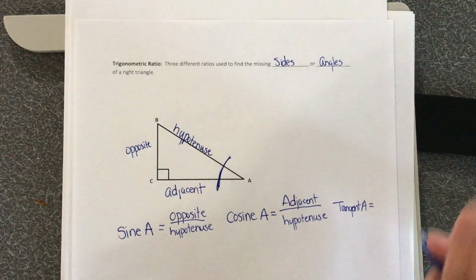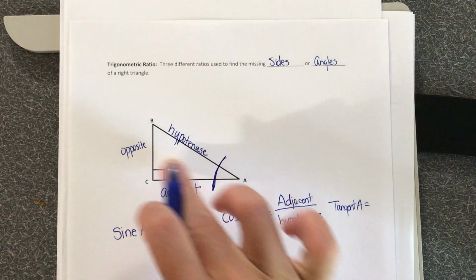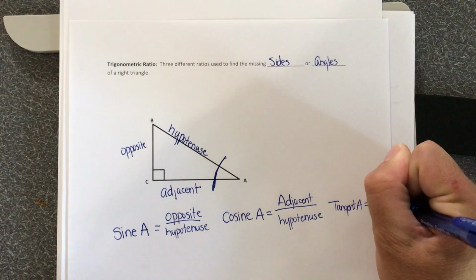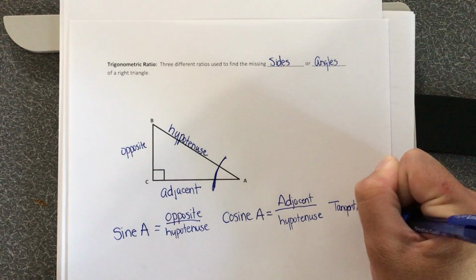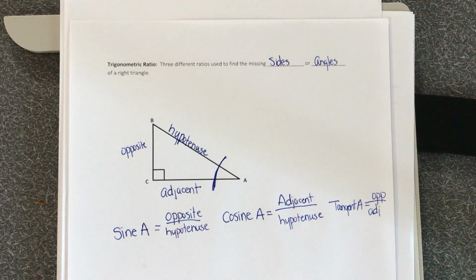Tangent A is always going to be equal to opposite over adjacent. These three ratios are the ratios that you just have to memorize. There are some things in math that we memorize, like the quadratic formula, and this is one of them.